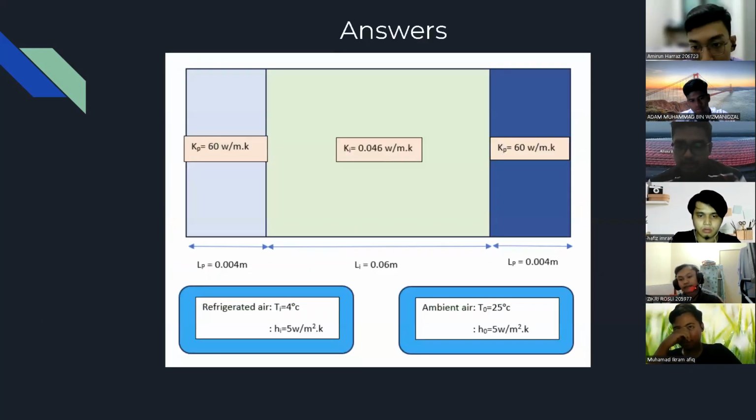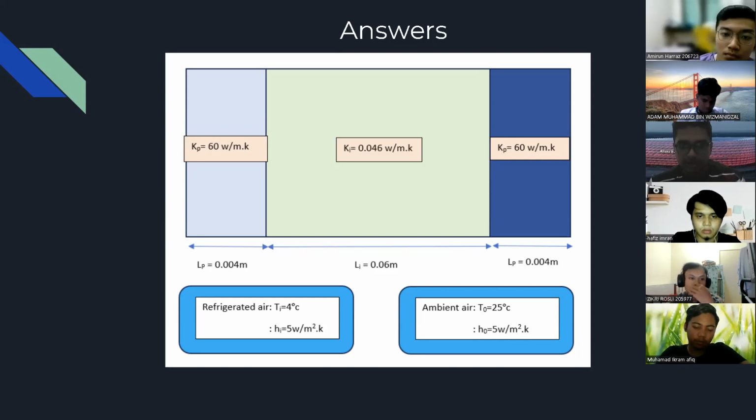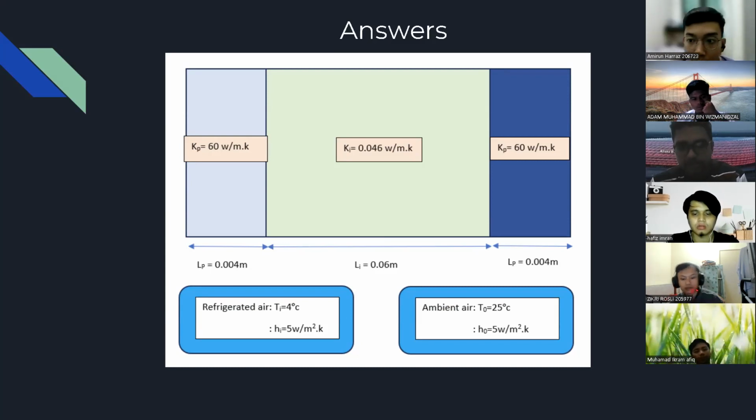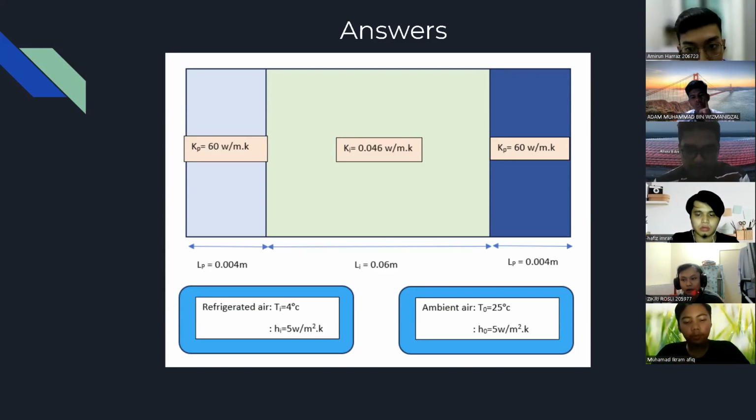So this is the overview of the refrigerator. On the center, you can see the insulation, and on the left and on the right, you can see the metal panel sandwiching with the properties. Below you can see the properties of refrigerated air. On the bottom right, you can see the properties of ambient air.